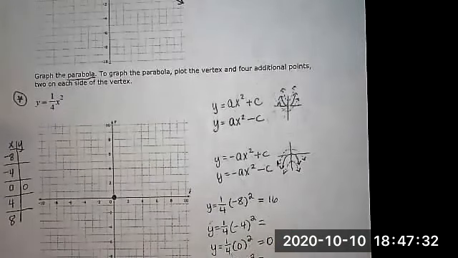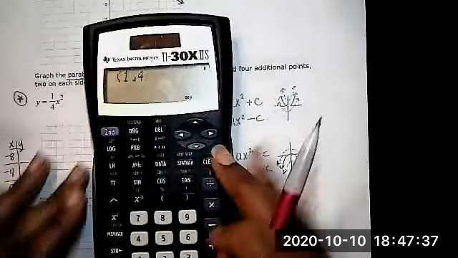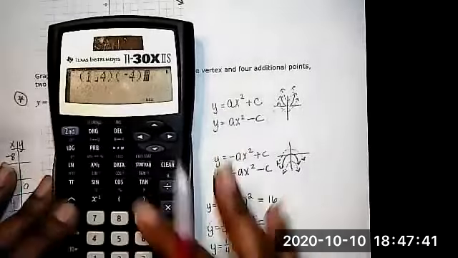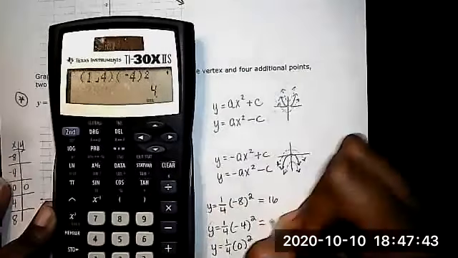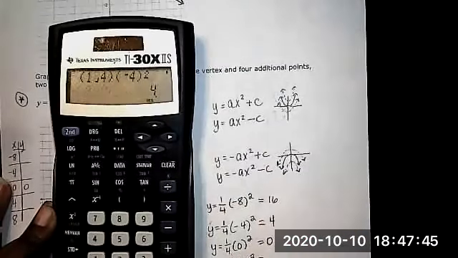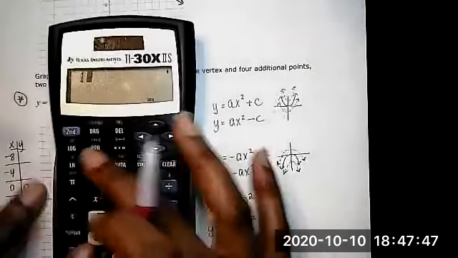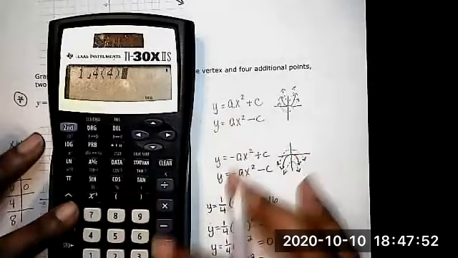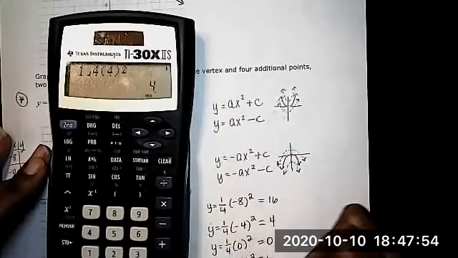Then I'll have 1/4 times -4 squared, and that gives me 4. Same situation here. 1/4 times 4 squared should give me 4 again.